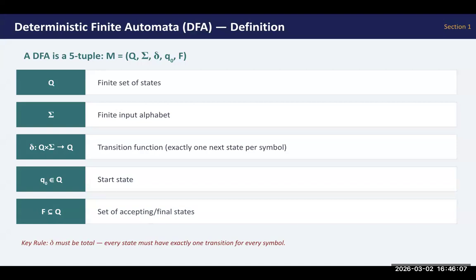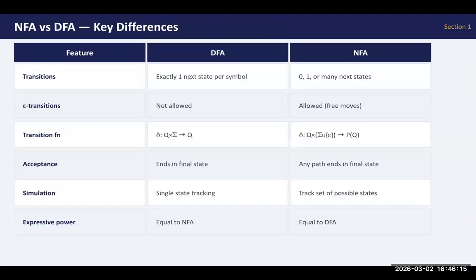A key rule in a DFA is that the transition function must be total, meaning every state must have exactly one transition for every symbol. A key part of this class is understanding the difference between NFAs and DFAs.